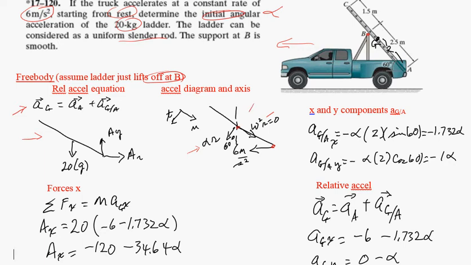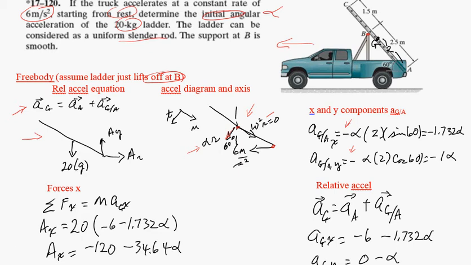This acceleration is for G relative to A. We can go write the components. Notice that this vector is in the third quadrant, so it's going to have a negative x and a negative y, and its quantity is going to be alpha times r.